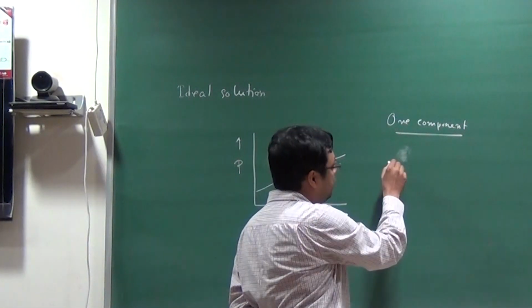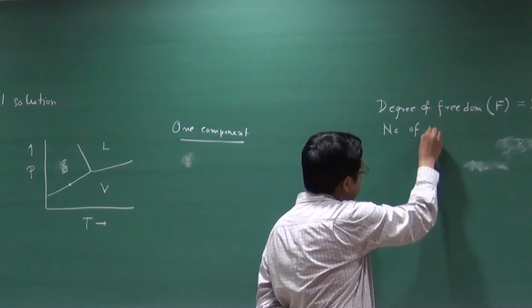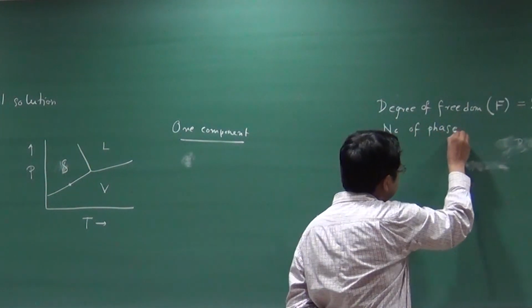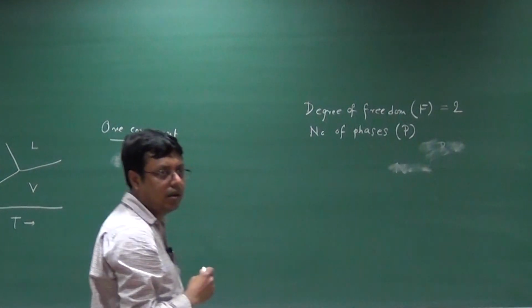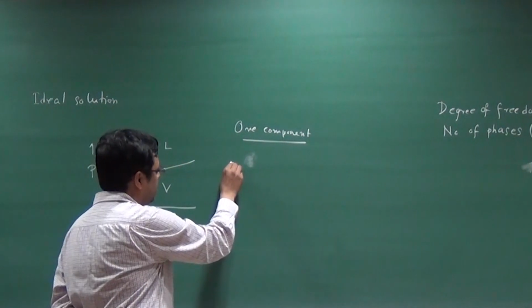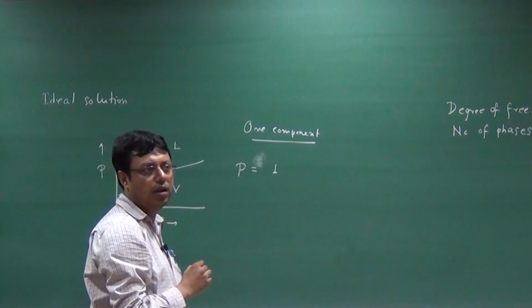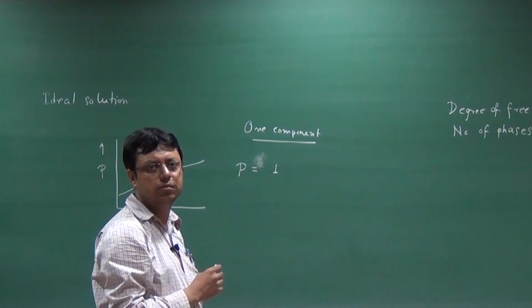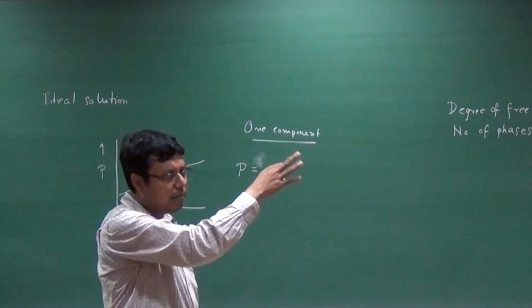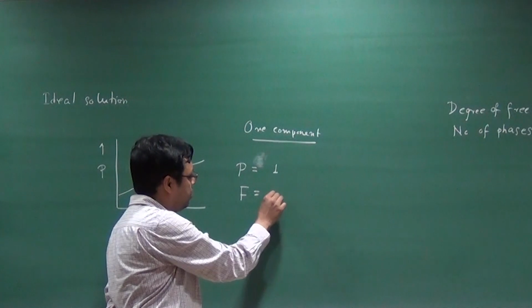I'm denoting the number of phases as P. Okay. Now suppose I have just one phase. What I said, the degree of freedom is 2. Already told, for bulk. Any phase, like liquid, solid, or whatever.